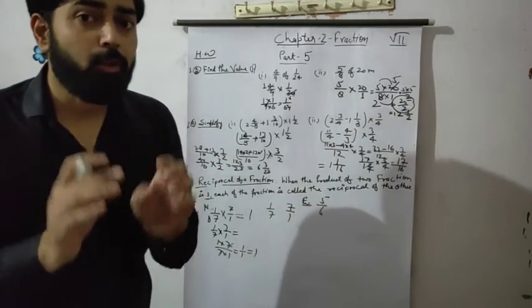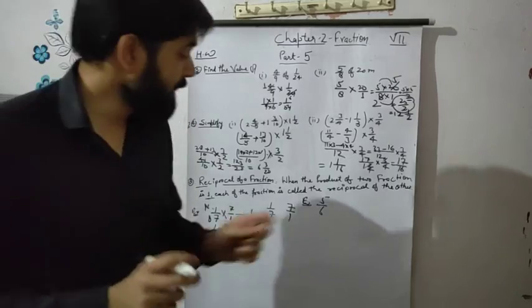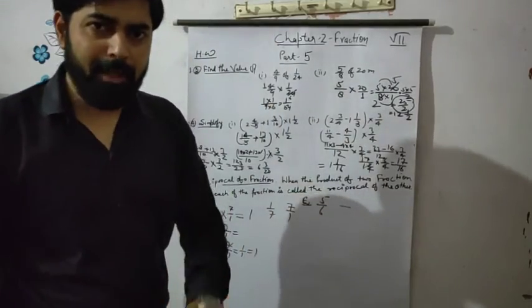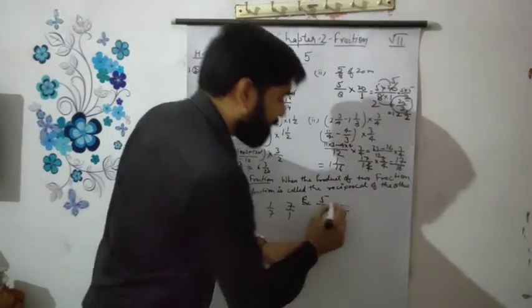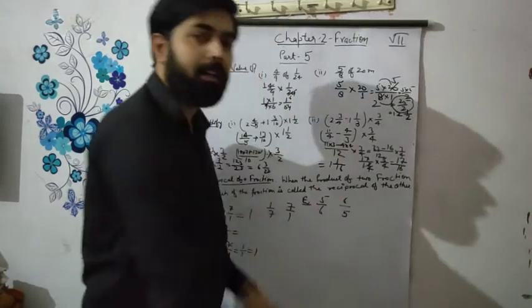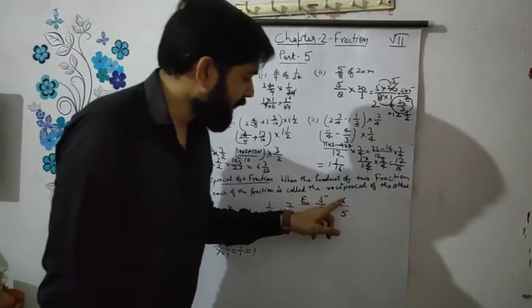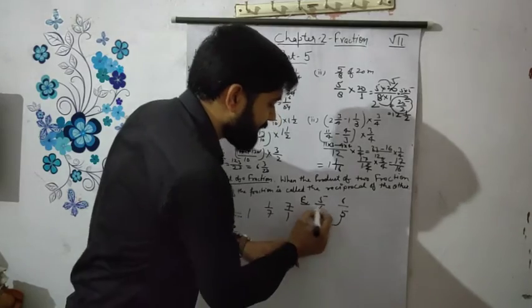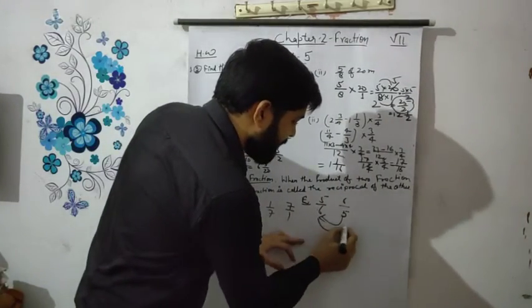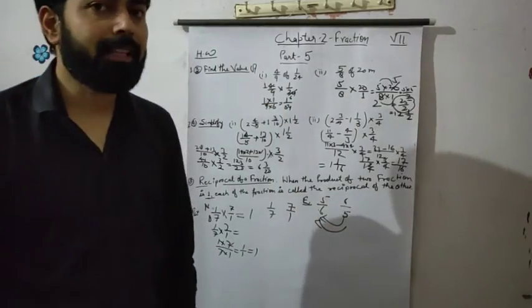What is the numerator in this fraction? 5. 5 is the numerator. Now 5 becomes the denominator and 6 becomes the numerator. So 6 upon 5 is the reciprocal of 5 upon 6, and you can also say 5 upon 6 is the reciprocal of 6 upon 5.